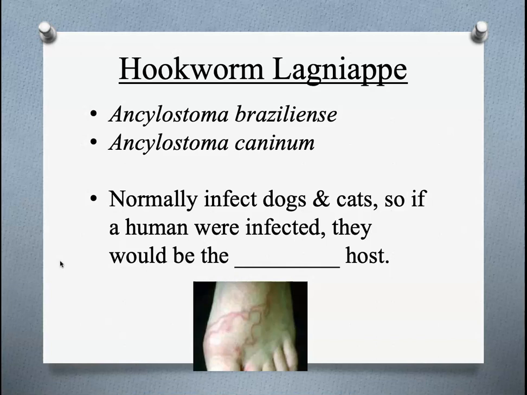In this zoonotic infection, if we were to accidentally get infected with these two animal hookworms, we could develop cutaneous larval migrans, which is the condition that you see here. This is when the filariform larva of these species penetrates us, but the filariform larva can't mature inside humans. We're not its normal host.